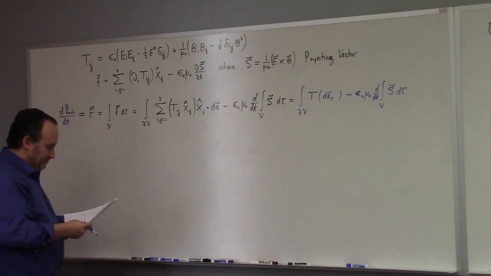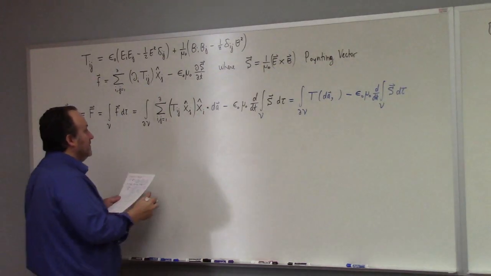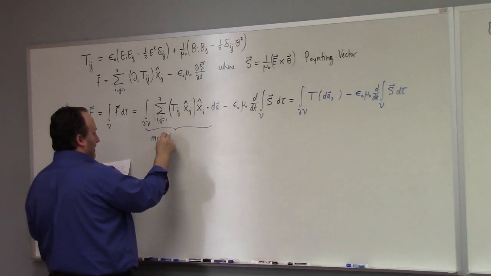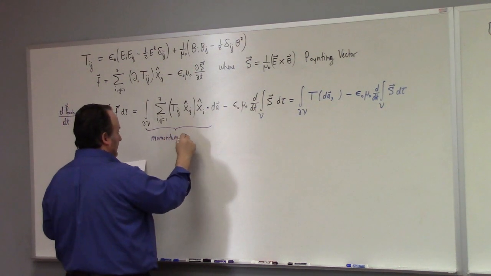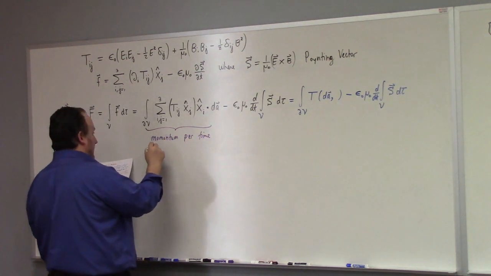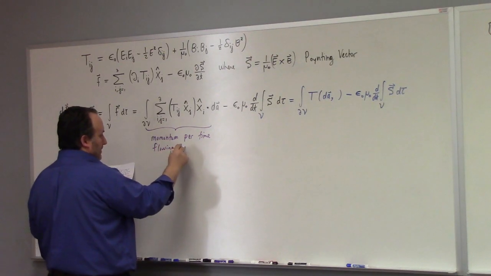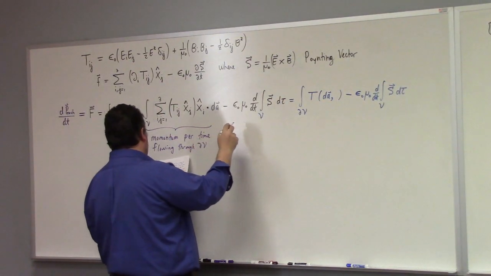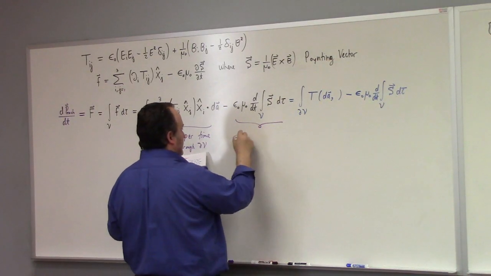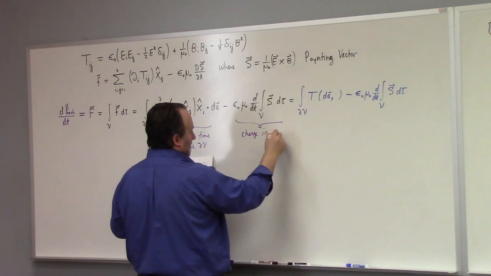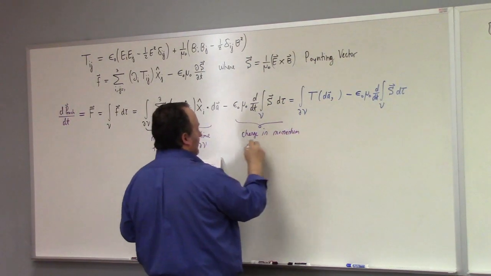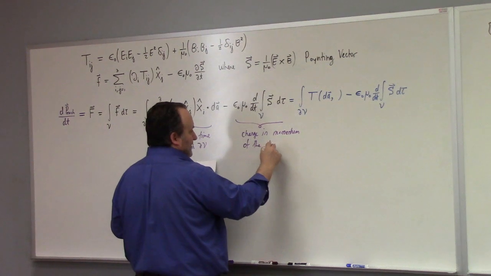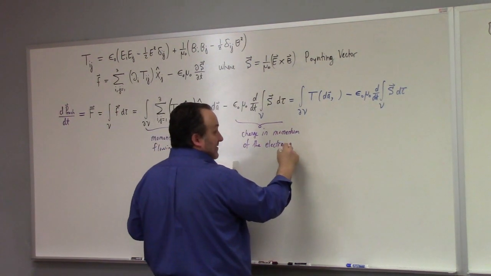And so the way to understand this is that this right here is the momentum per time flowing through the boundary of V. And on the other hand, this right here is describing the change in momentum of the electromagnetic field's momentum, yeah. Very good.